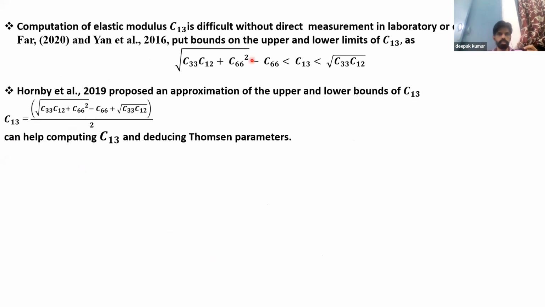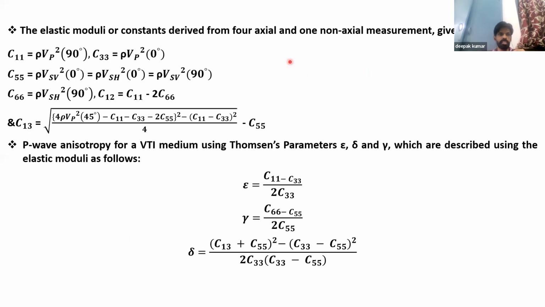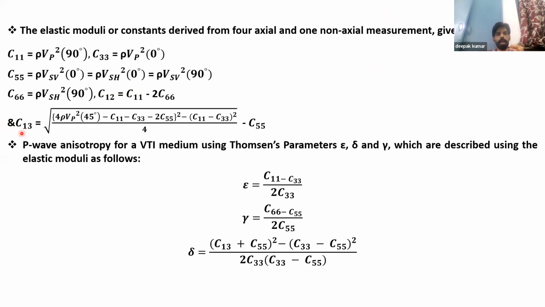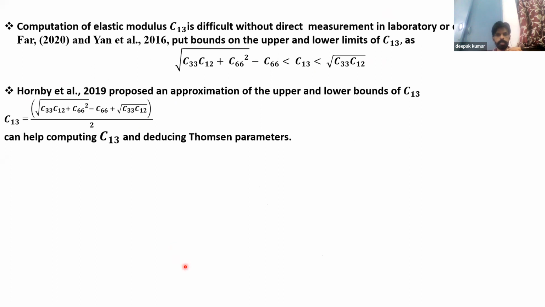This is shown here: this is the lower bound and this is the upper bound of C13. These values C11, C33, C55, and C12 can easily be computed. So I can compute the upper bound and lower bound, and the average of these gives me C13. From C13, I can easily compute delta.